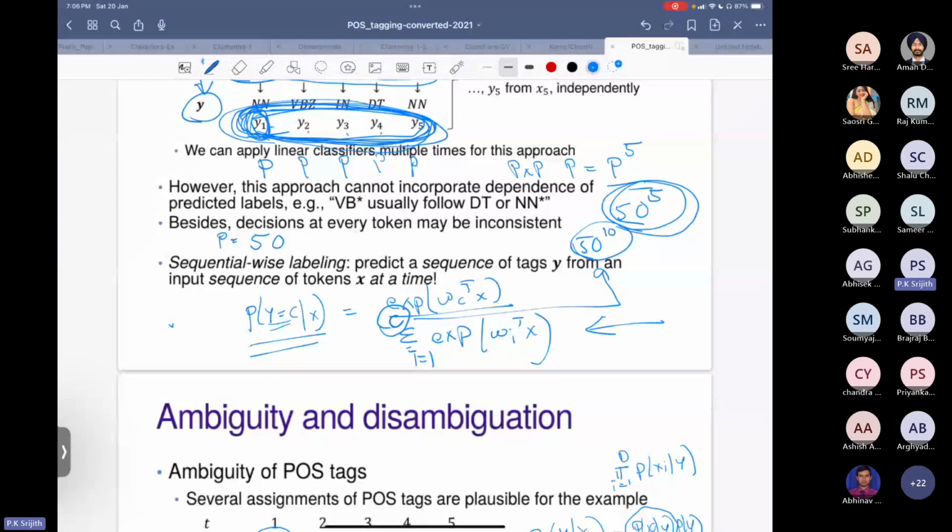So like in the case of a simple classification setup, there are two ways to model P of y given x. Ultimately we want a probability distribution over y given x.